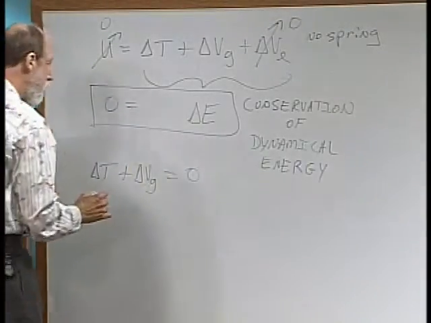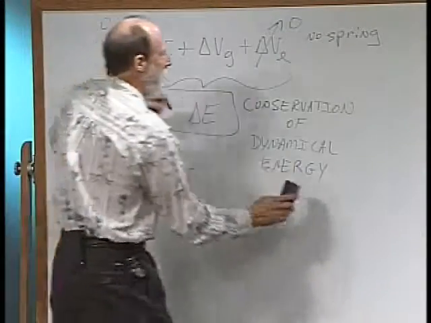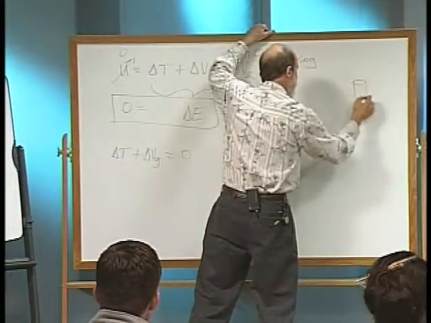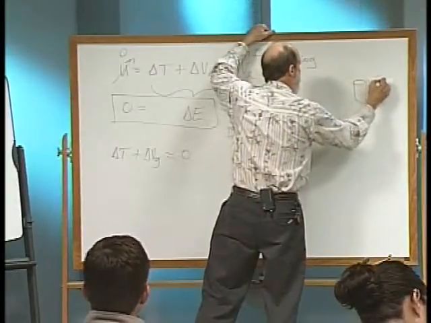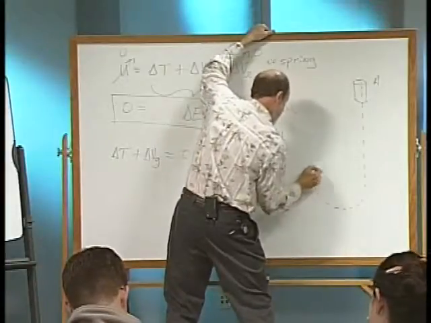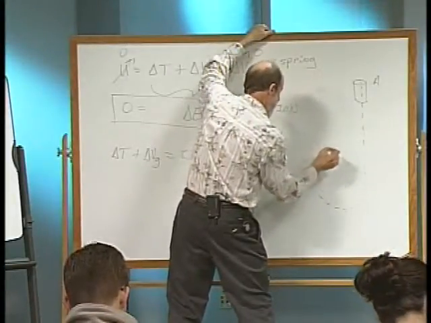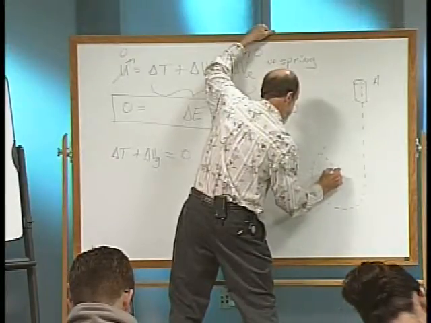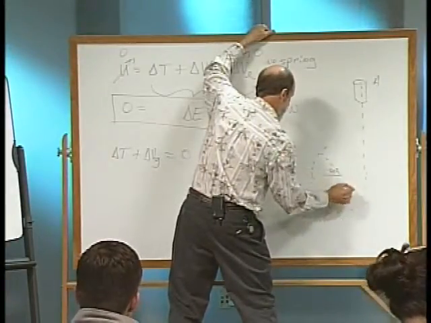Okay, so we have a picture for this problem. The object was originally up here at A, comes down, whips around a circular arc, and then comes back up to 45 degrees above that level.